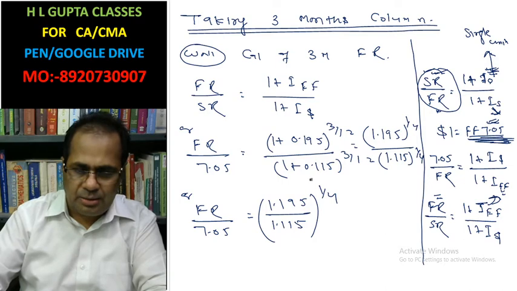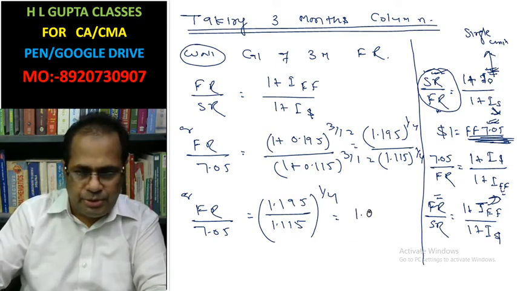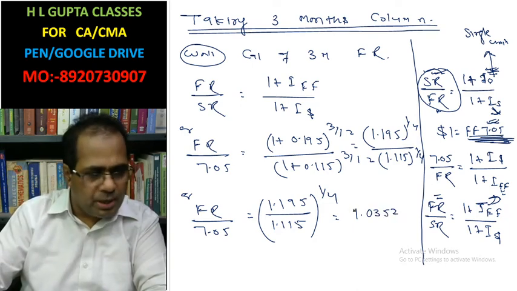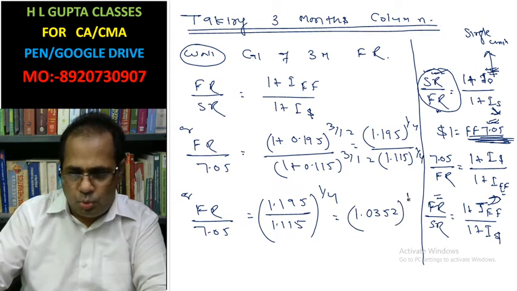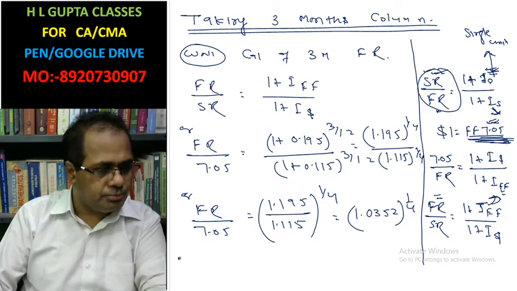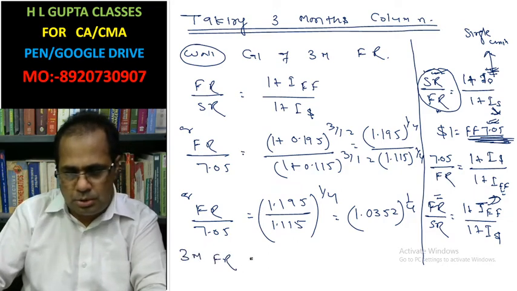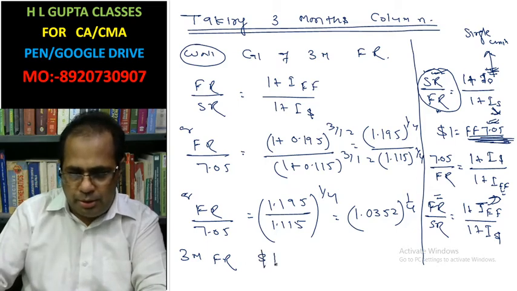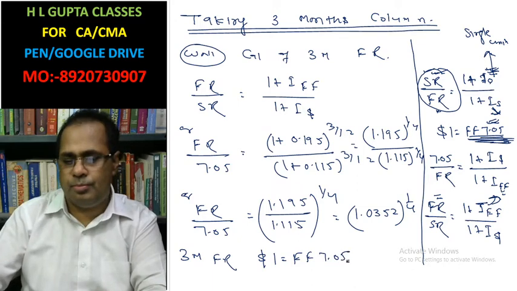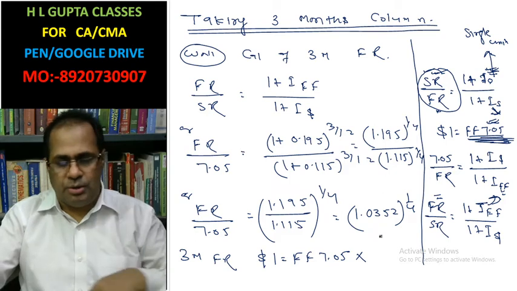Then you will find this, 1.052 to the power 1 upon 4. This is the 3-month forward rate. $1 equal to French franc 7.05 into the value of this.